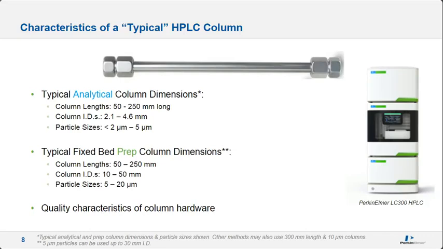And again, the particle size range begins at generally 5 micron and can be extended up to 20 micron. Again, the quality of the HPLC column is dictated in large part by the quality of the column hardware utilized, both for analytical and preparative chromatography.